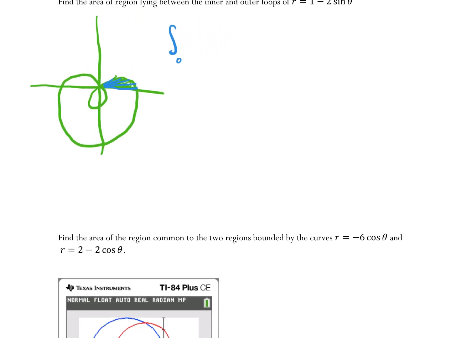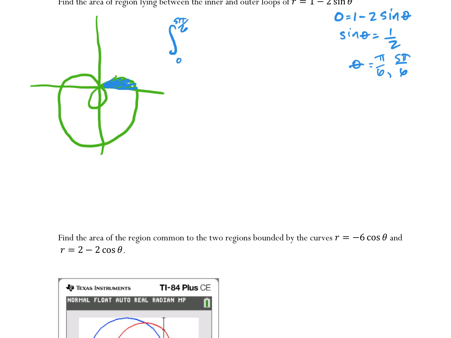To find that, we would want to figure out where this radius is equal to 0. If I solve that for sine, I've got that the sine of theta equals 1/2. And we know that that happens at pi over 6 and 5 pi over 6. So this little blue section here that's nice and easy is essentially from 0 to pi over 6.